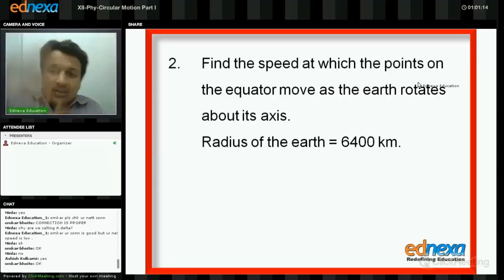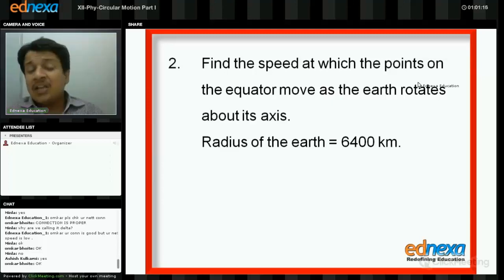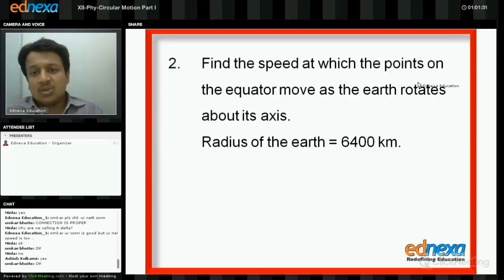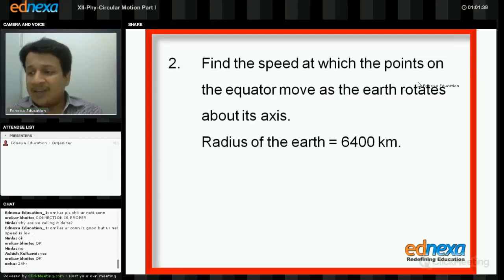For one rotation, how much time is taken by Earth? You know the answer. How much time will it take to complete one rotation for the Earth? So v equal to r omega. Omega is 2 pi by t. So r into 2 pi by t. Here t is 24 hours, right? Try to solve it.